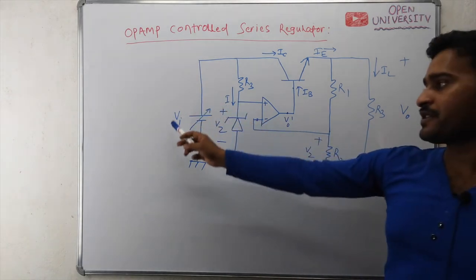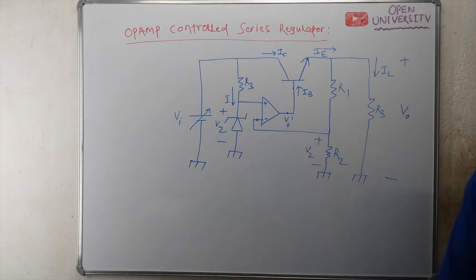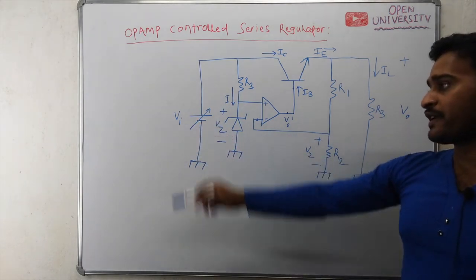Vi is a fluctuating DC output of the filter, or it is an unregulated AC supply voltage.